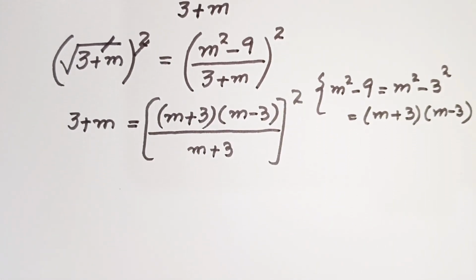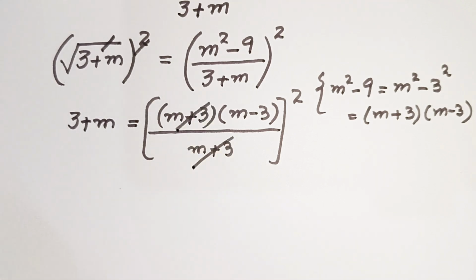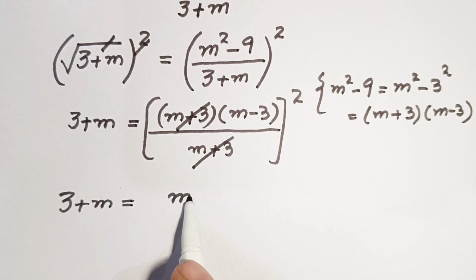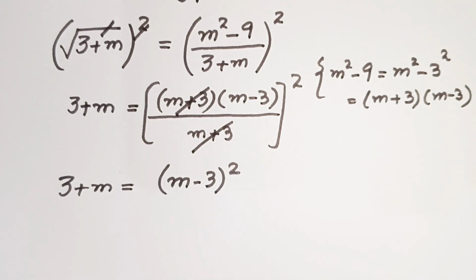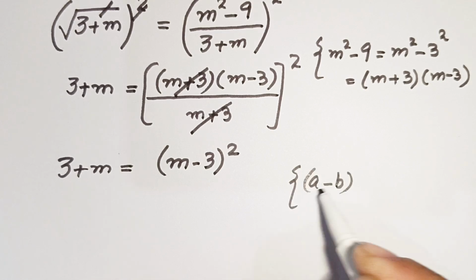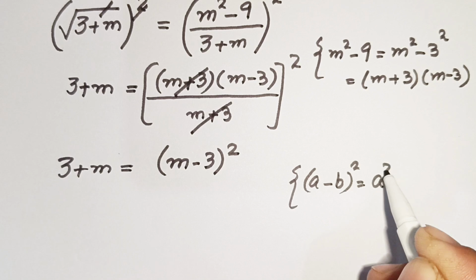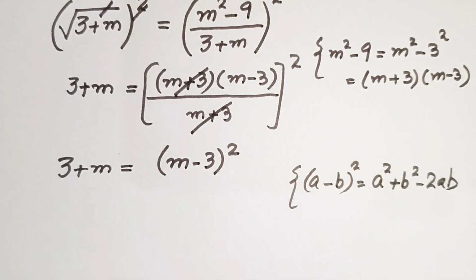Now this m plus 3 on our right-hand side is cancelled out with m plus 3. We have 3 plus m is equal to m minus 3 whole squared. Now our next step is, as we know that a minus b whole squared is equal to a squared plus b squared minus 2 times a times b.